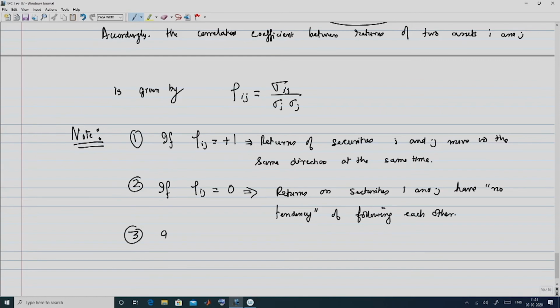And thirdly, if rho ij is equal to minus 1, this implies that returns of securities i and j vary in an opposite manner or an inverse manner.